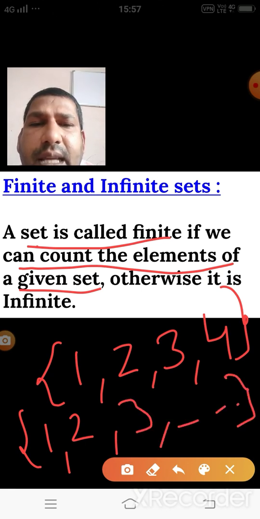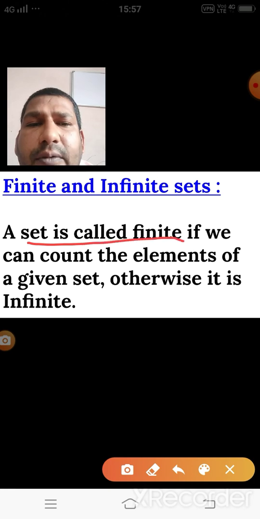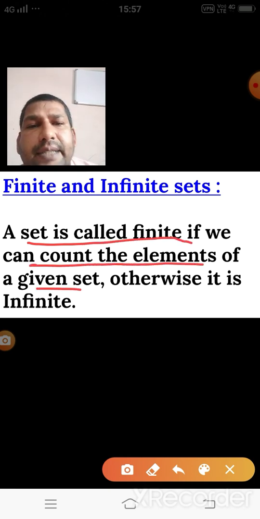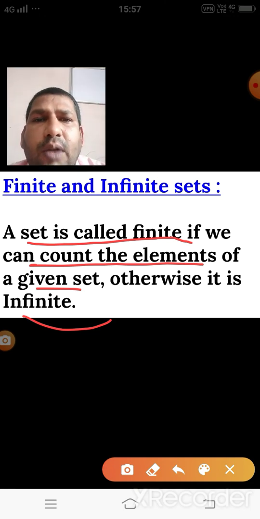Then this one is an infinite set. And go through the definition. A set is called finite if we can count the elements of a given set. Otherwise it is called infinite. If you are able to count the number of elements in the set, then that is finite. And if you are not able to count the number of elements, then it is infinite.